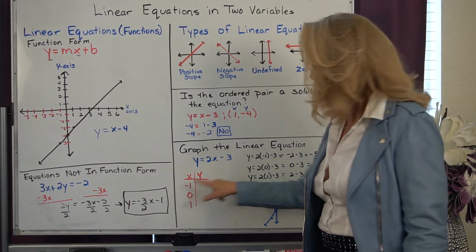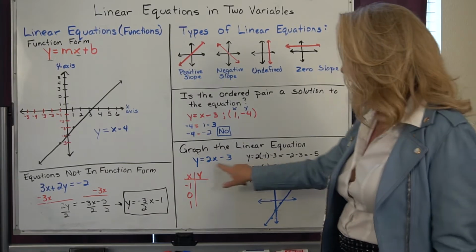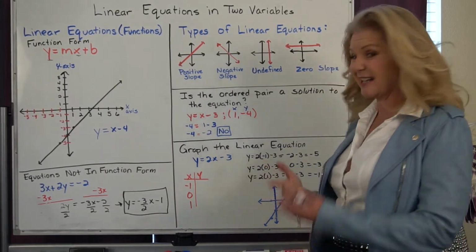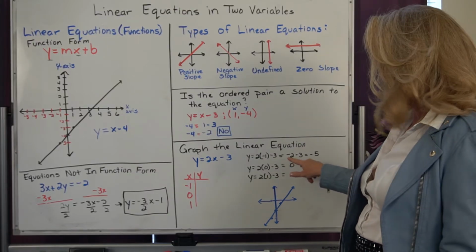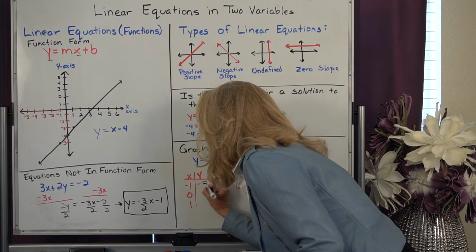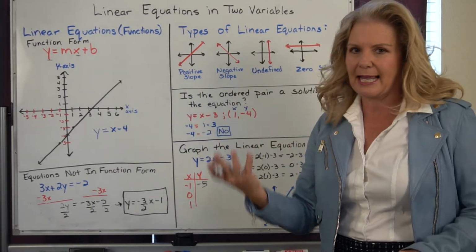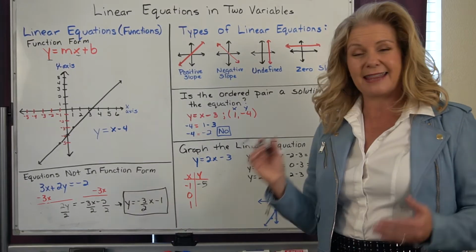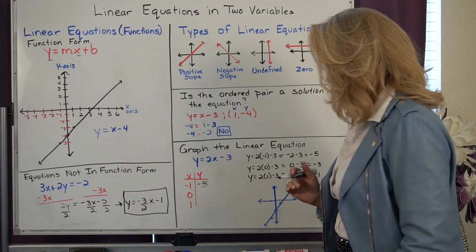If I've chosen -1, I take this equation and I literally substitute -1 in for x, and I solve it. So I do 2 times -1 minus 3, that becomes -2 minus 3, which is -5. That means where it goes through the -1 value for x, it pops out at the -5. Think of the machine. -1 goes in the machine, -5 pops out of the machine.